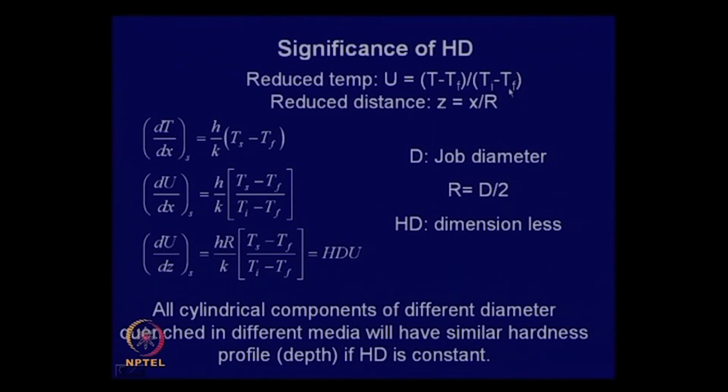Final temperature means the temperature of the surroundings or of the quenching medium. And the reduced distance, z, is the ratio of x to the radius of the job, or half the thickness of the job.